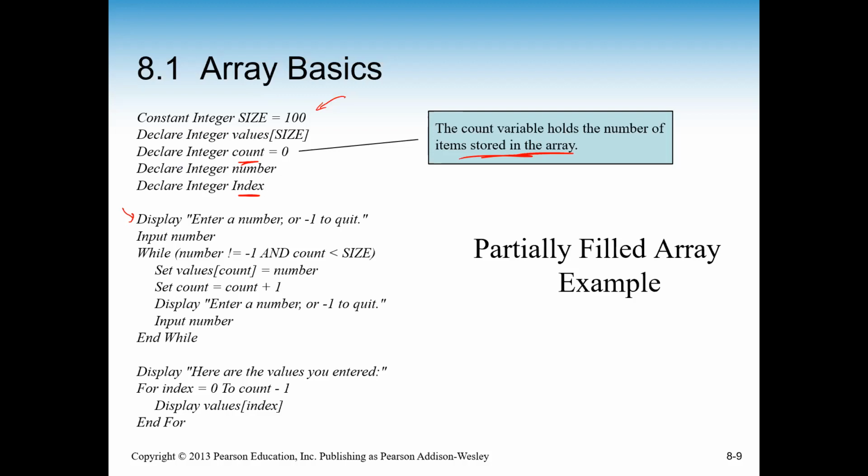Although it doesn't have to be the first, I suppose. It could be anyone. So you're going to go in there and you're going to say set values, count. In this case, count is 0, so you're going to use that as an index in a way.